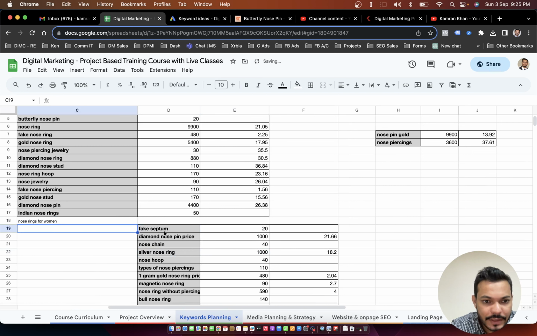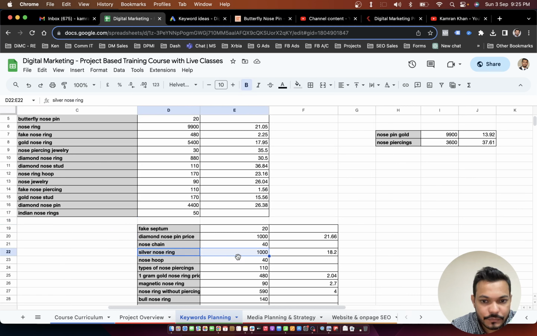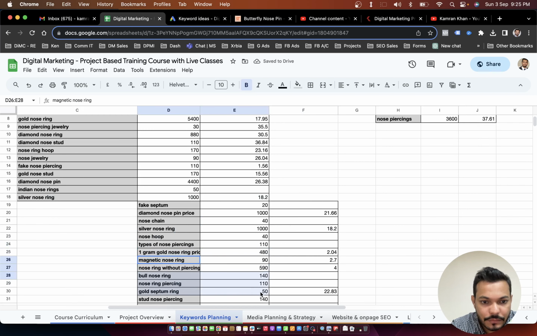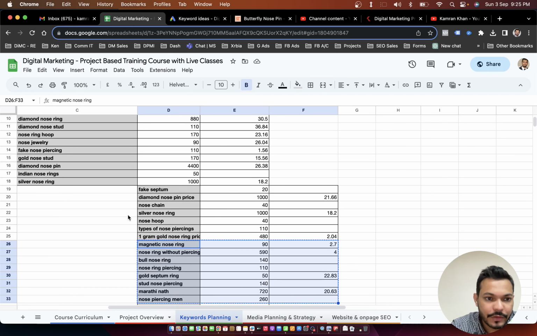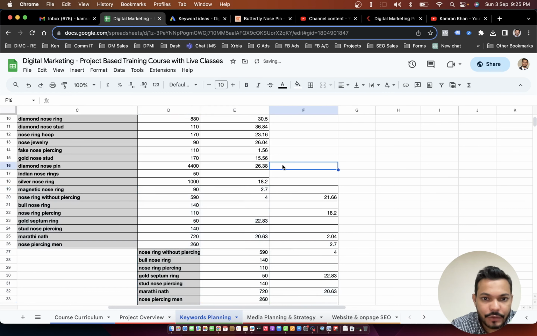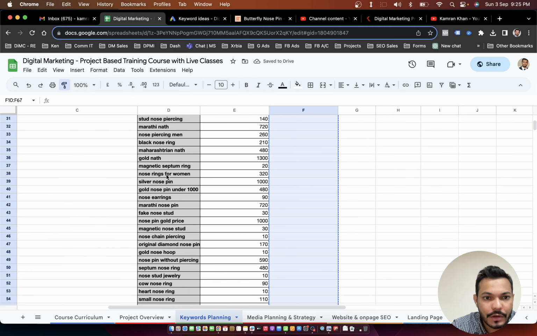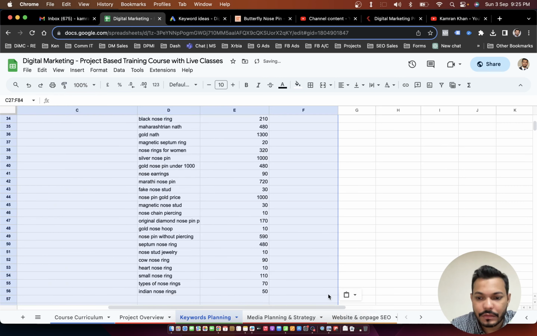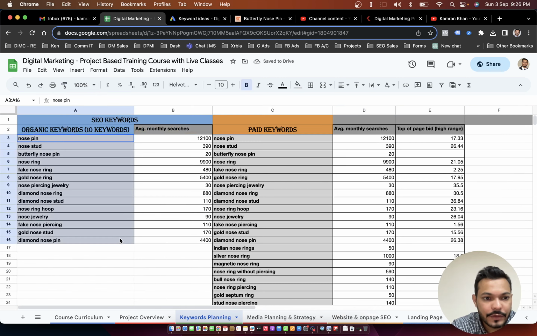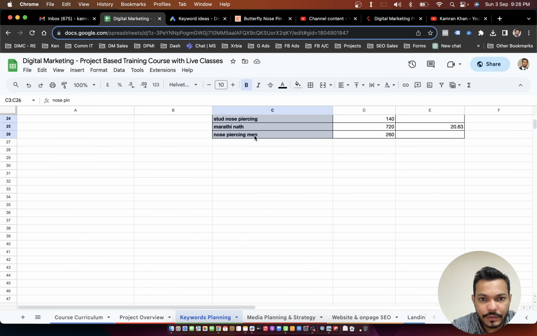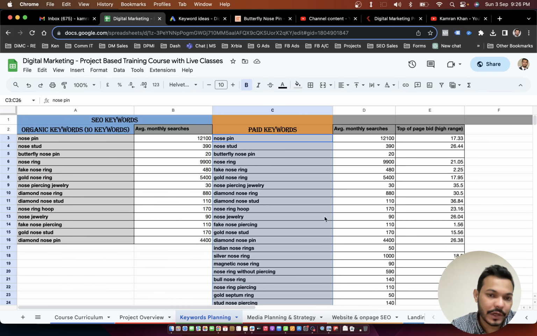I don't know what nose septum or fake septum means, but it seems to be something else. Anyway, I'm just choosing a good number of keywords from here as of now. I'll try to add or remove some keywords from this list. So we have taken around 10 keywords for SEO and around 24 keywords for Google Ads.